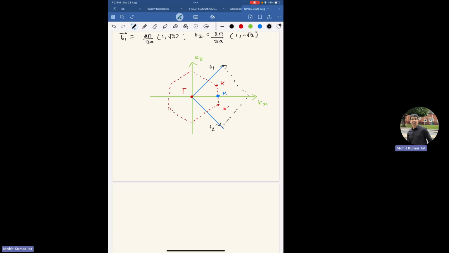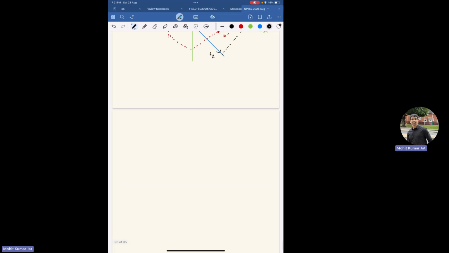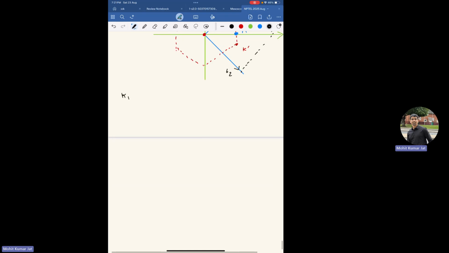You can solve it, and the k points can be written as k1 equals 2b1 plus b2 by 3, and k2, I mean the K and K prime, b1 plus 2b2 by 3.